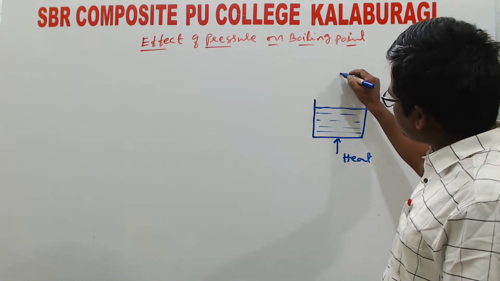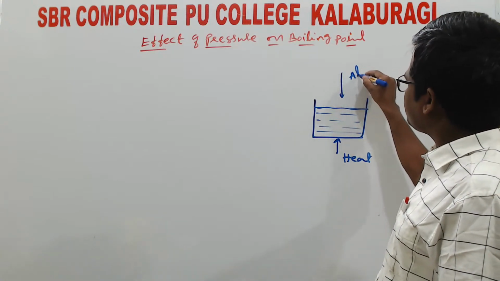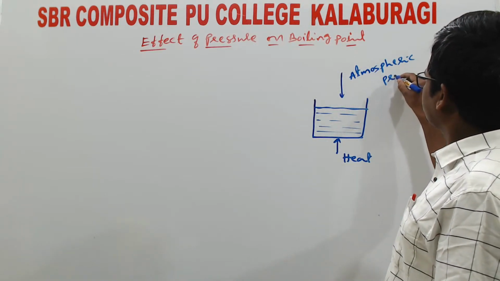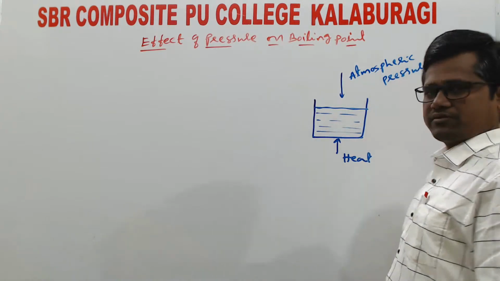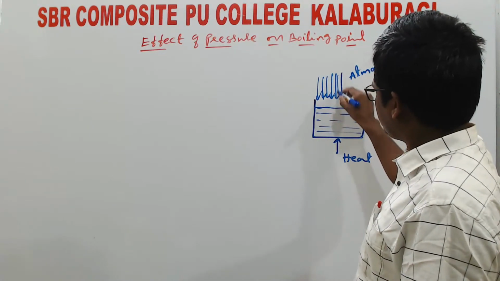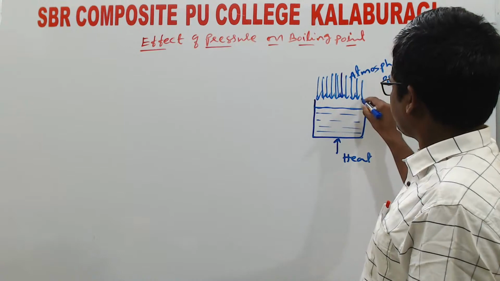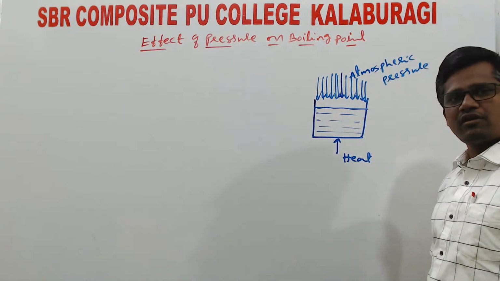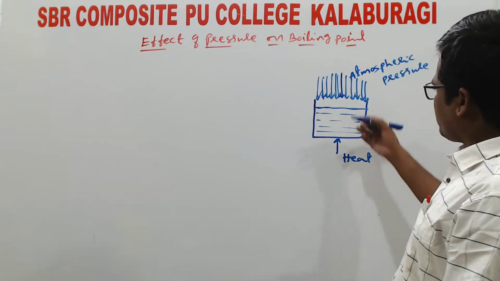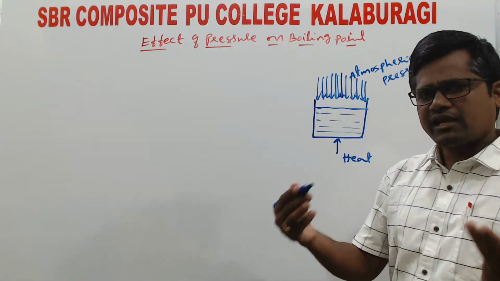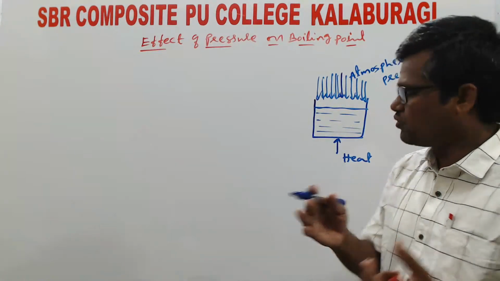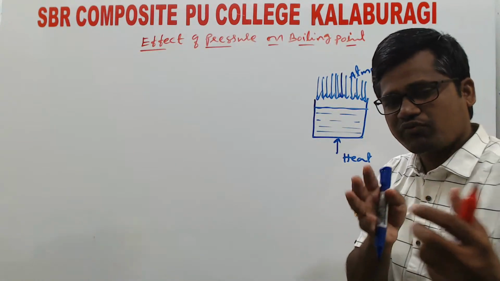Which pressure is there here? Atmospheric pressure. What is atmospheric pressure here? Air molecules are there. Now, as we increase the temperature, 70, 80, 90, the H2O molecules start to free from each other.